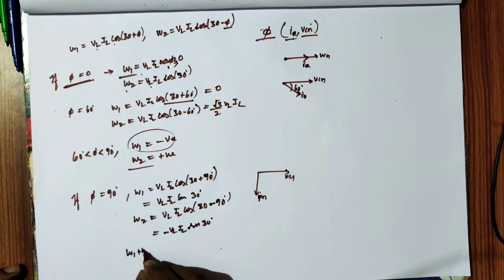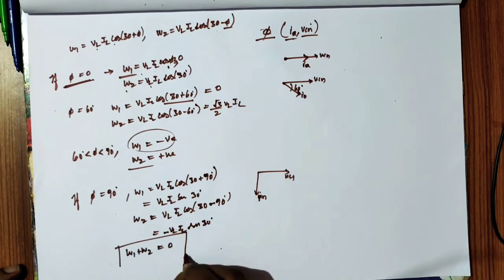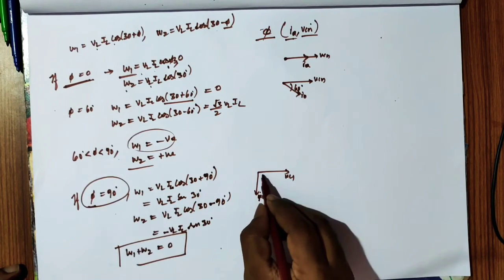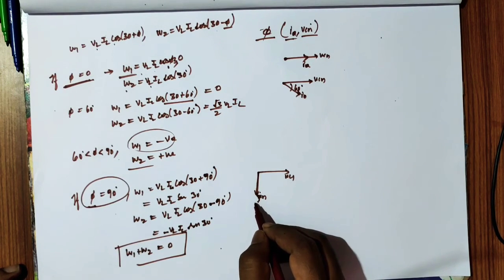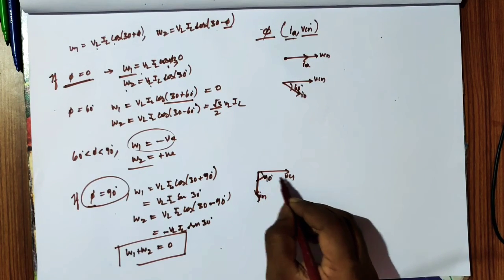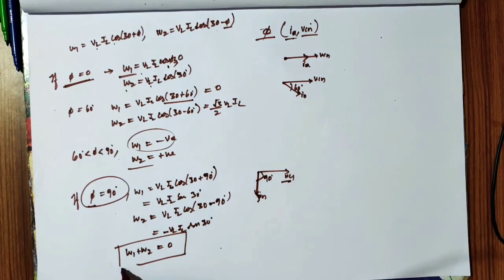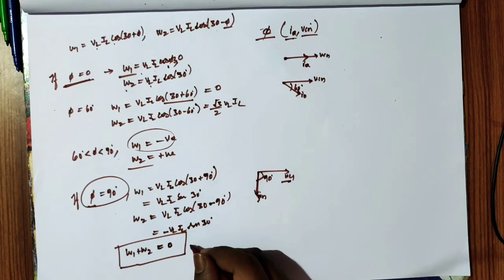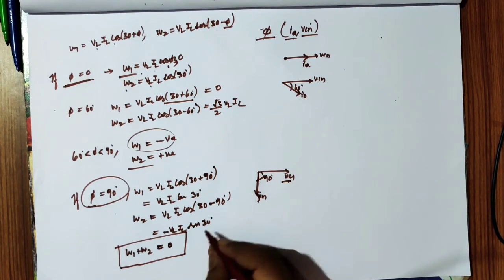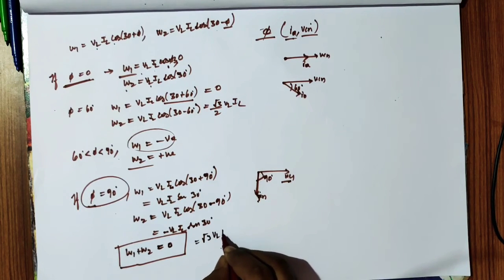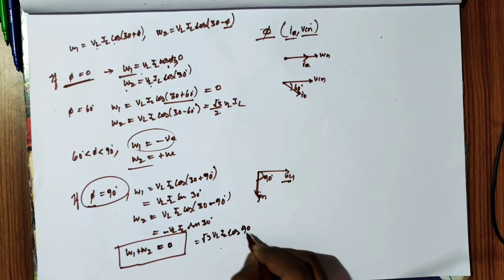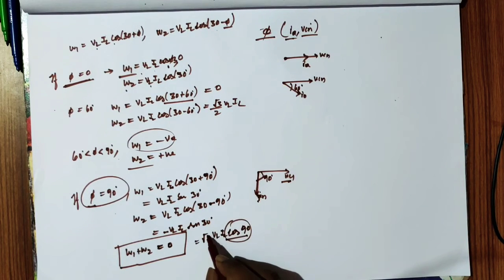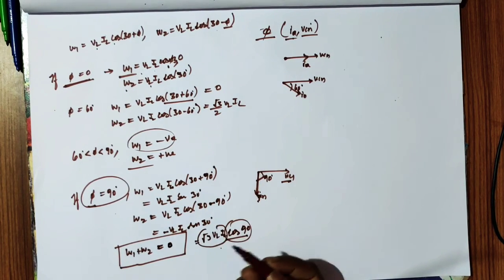The sum of the two values, W1 plus W2, equals 0. When phi is 90 degrees, the net active power, W1 plus W2, equals 0. Indeed, root 3 VL IL cos 90 is 0. Agree with me?